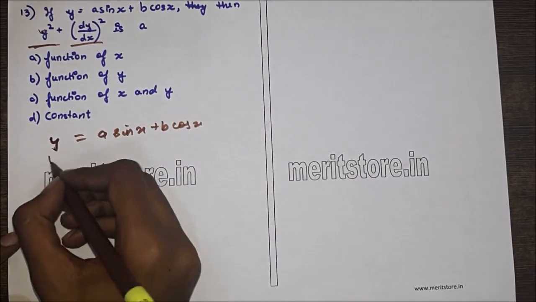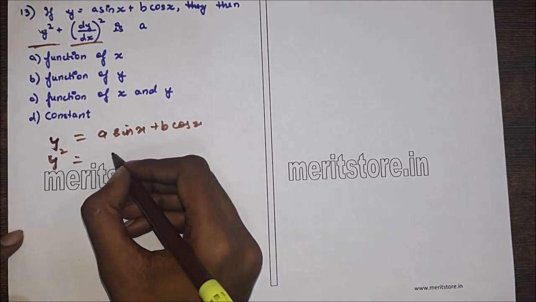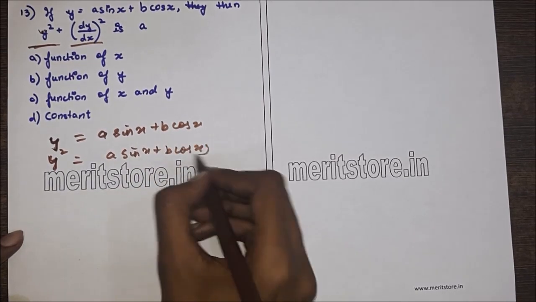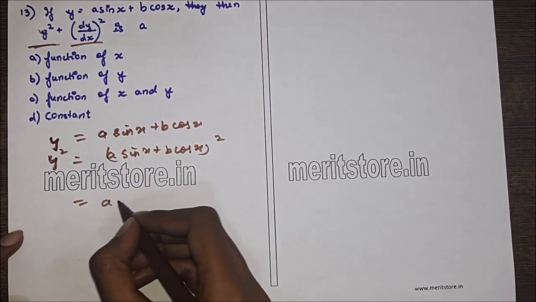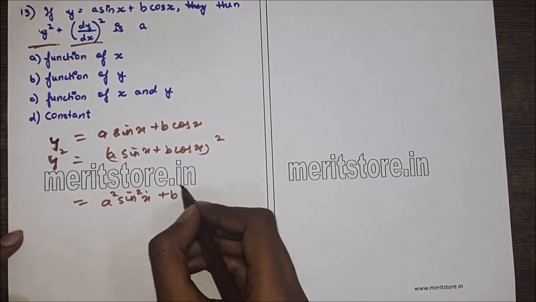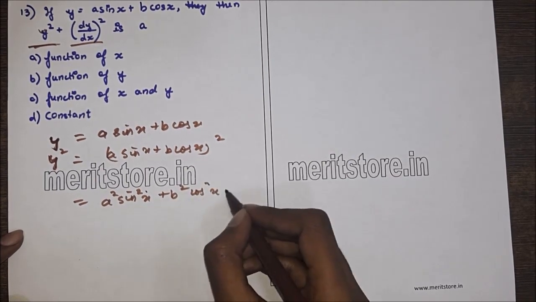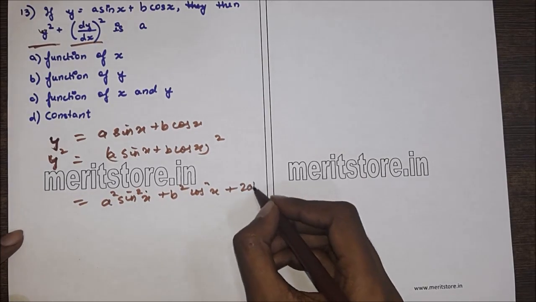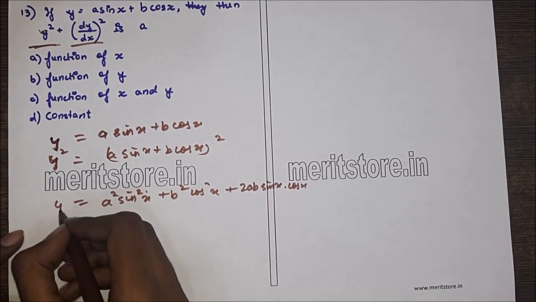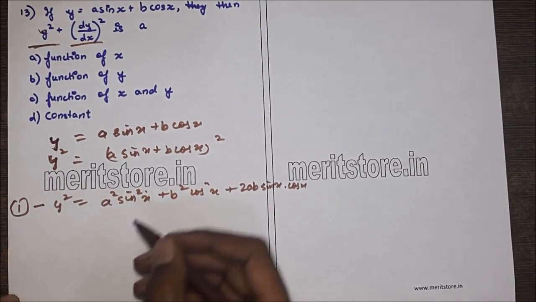Square both sides, we get y square equals a sin x plus b cos x the whole square, which is a square sin square x plus b square cos square x plus 2ab sin x cos x. Let this be equation 1.